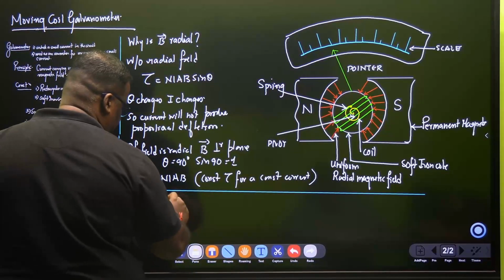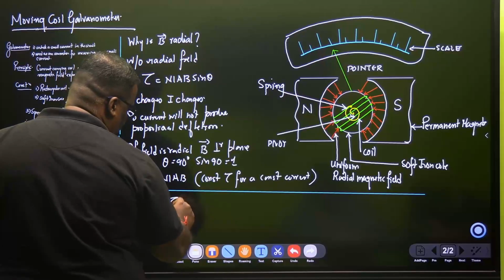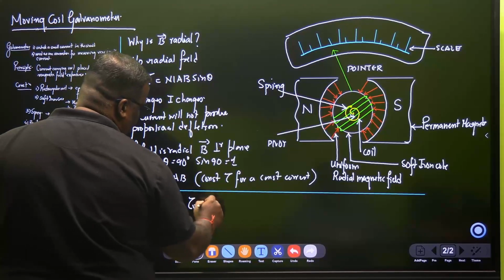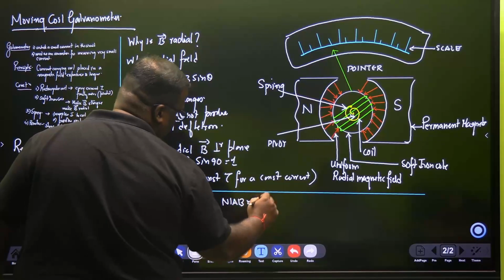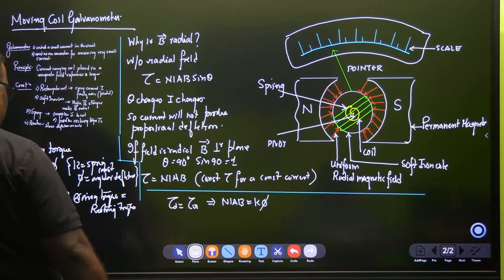So you can say tau D should be equal to tau R, which means NIAB should be equal to K phi.